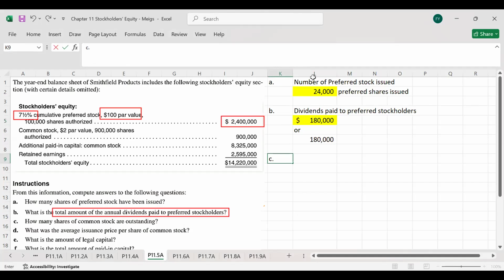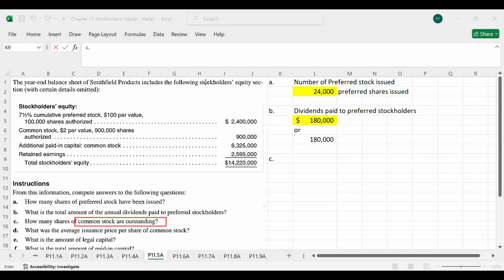Part C is about how many shares of common stock are outstanding. Now, common stock is required. So the total amount of common stock is $900,000 and par value is $2. So we can calculate it in this way: the total amount is $900,000 and one share's par value is $2.